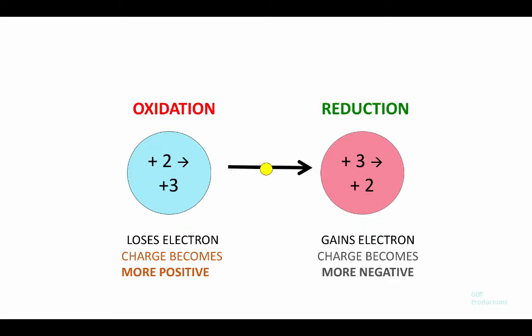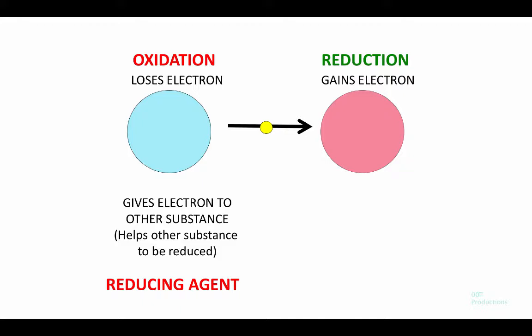So, talking about which substance is oxidized and which is reduced is one way that we talk about the substances in a redox reaction. But there's another way that we talk about these substances, and that involves looking at these substances from a completely different point of view. So, when something undergoes oxidation, it is losing an electron, and that's the way we've been talking about it up till now. But that electron is not just disappearing into the ether. That electron is being transferred to the other atom that's involved.